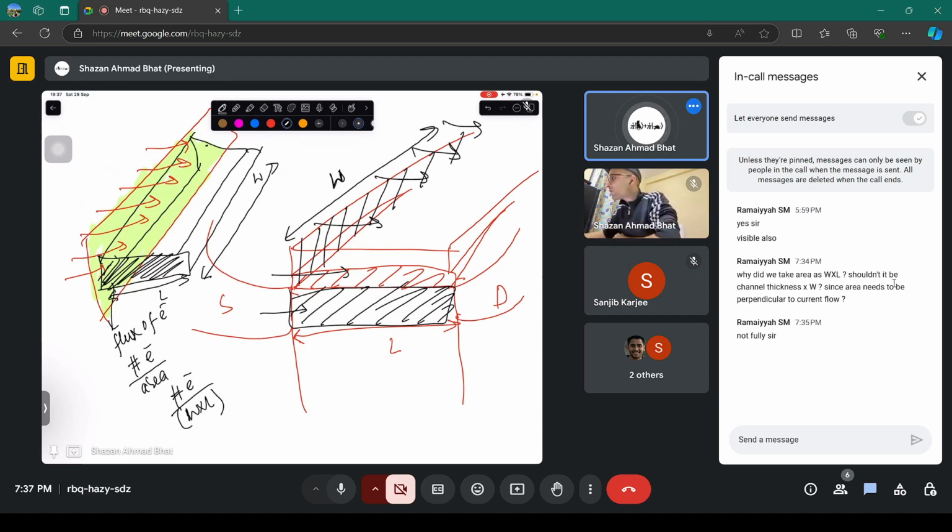I don't know why it's confusing to you. Since area needs to be perpendicular to current flow, it is perpendicular. You see this red plane, which I have highlighted in green. Electrons are moving perpendicular to that plane. What other length? That will be the top area, right? No, that is the area throughout this particular channel. That's what you're not imagining.